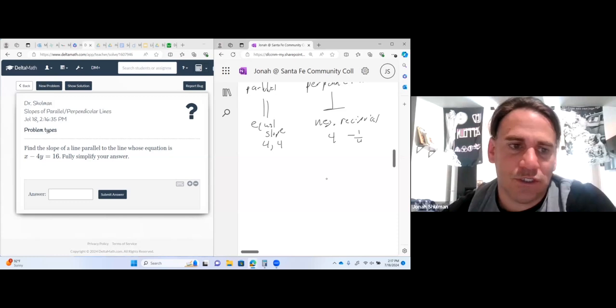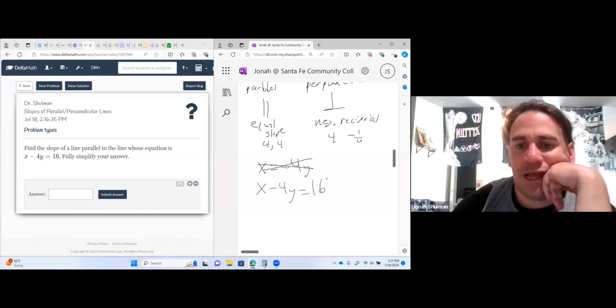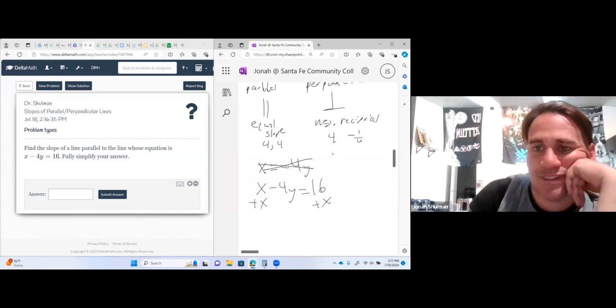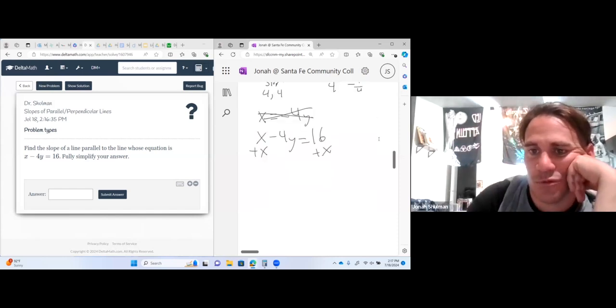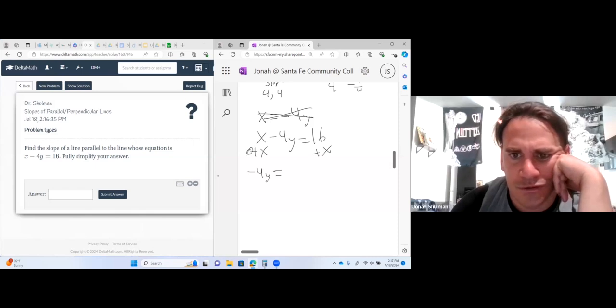So we have this equation, x minus 4y equals 16. We're going to add x to both sides. I'm going to put the x before the 16, so it looks like our equation that we want. So we're left with negative 4y equals minus x.